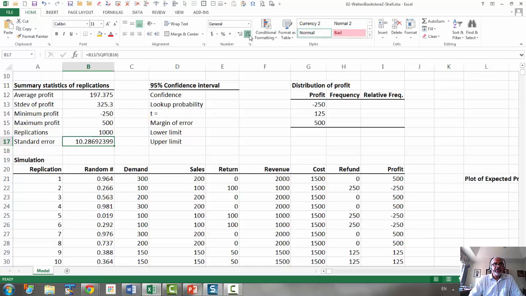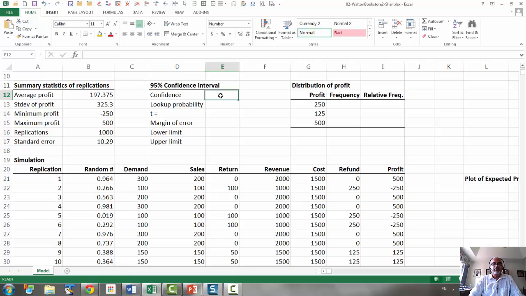Now we multiply the standard error by the t value, actually, we need to use the t distribution because the standard deviation of the population is unknown, and that will give us the sampling error. Then we can add and subtract the sampling error to the average x bar value, and that will give us the lower and the upper limit of the confidence interval.